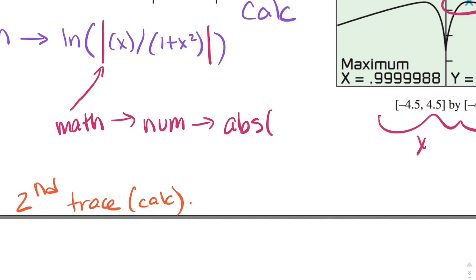It's going to bring it up. You're going to hit number 4, which is maximum. Pick a number to the left and right. Left bound, right there. Right bound. Oh, it does not want me to select it. Okay, left bound, right bound, guess.